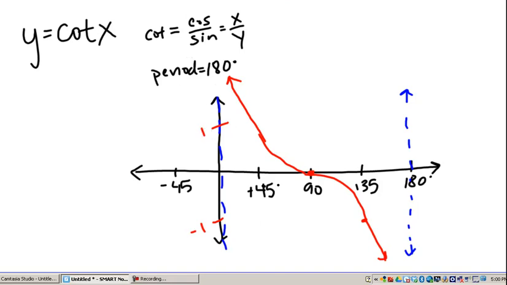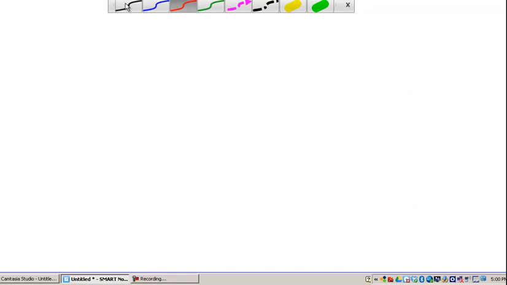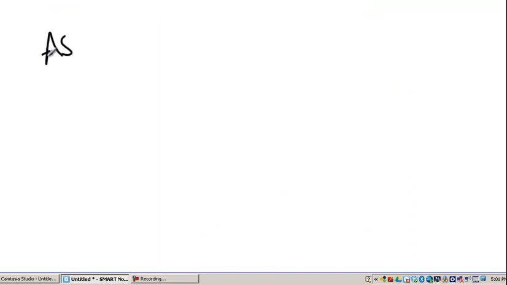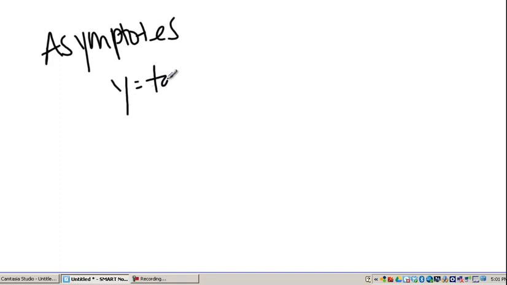One more thing I want to talk about is the asymptotes for the parent functions y equals tangent of x and y equals cotangent of x.